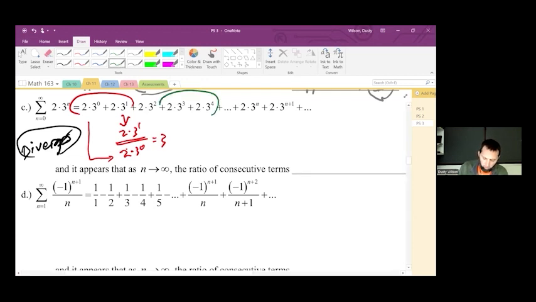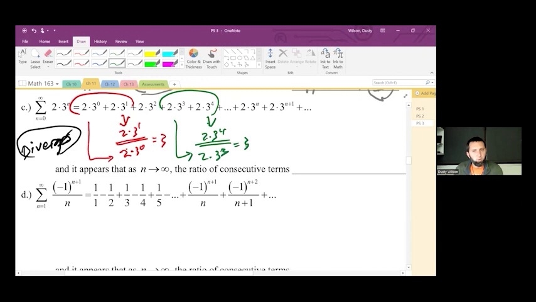We look at terms 3 and 4. That's assuming we start at 0. This would be 2 times 3 to the 4th divided by 2 times 3 cubed, which is again 3.